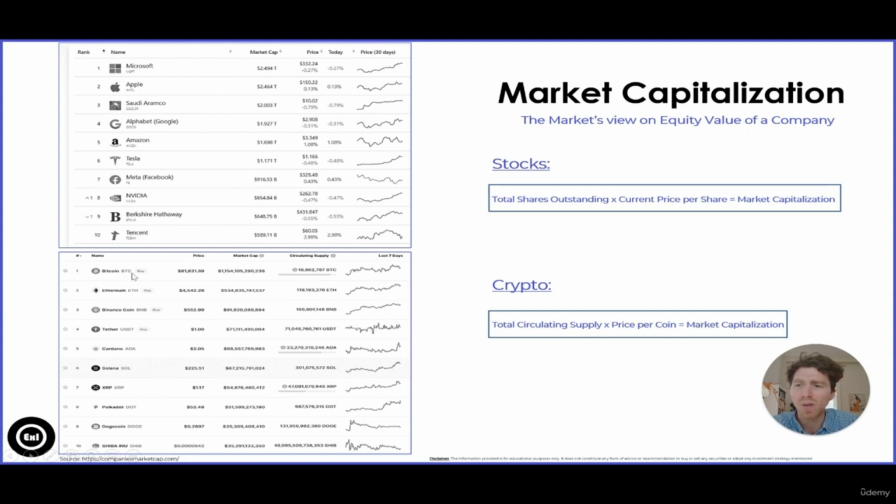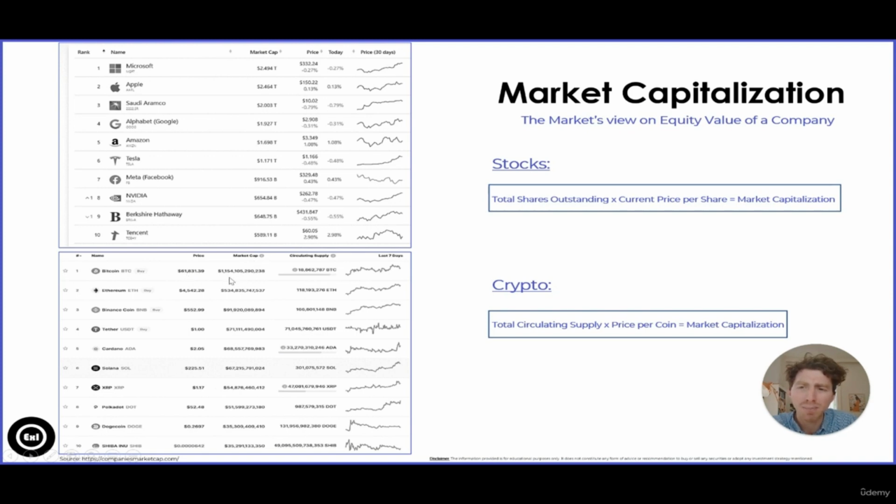So when we look over here, we see the biggest crypto assets as of today. And while Bitcoin has a circulating supply of around 18,800,000 BTC, the price is about $60,000.